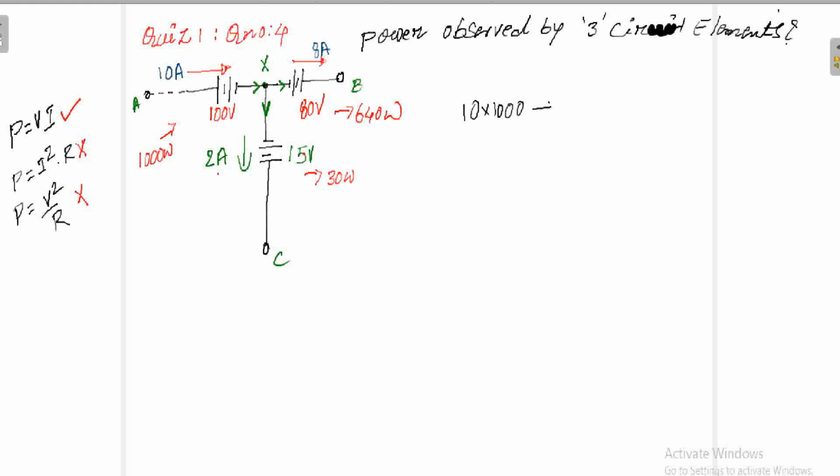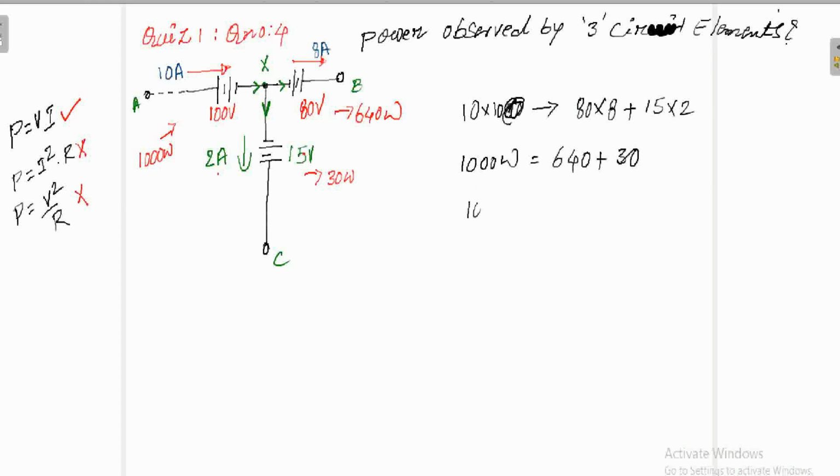This is the power with respect to your incoming current of 10 amps and it is divided as 80 into 8 plus 15 into 2. 10 into 100, that is 1000 watts, is equal to 640 plus 30.